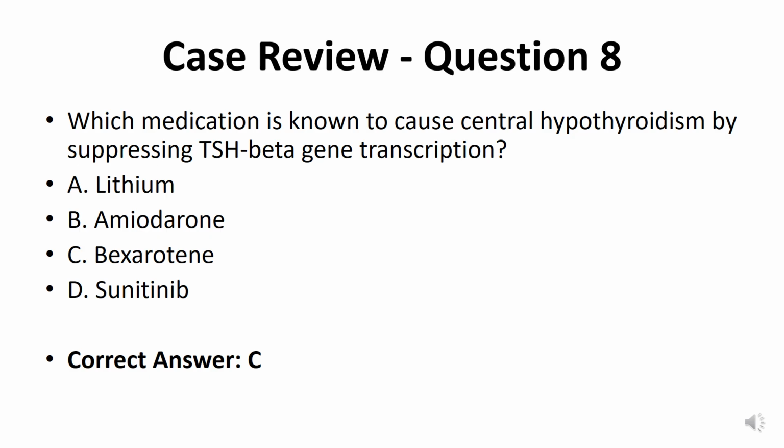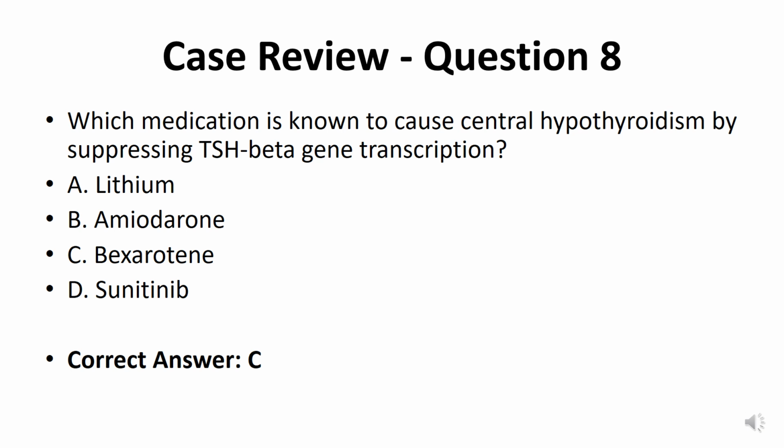This question highlights an important endocrine principle. Thyroid hormone regulation depends not only on the thyroid gland itself, but also on normal hypothalamic and pituitary signaling. Disorders affecting the pituitary can produce very different laboratory patterns compared with primary thyroid disease.